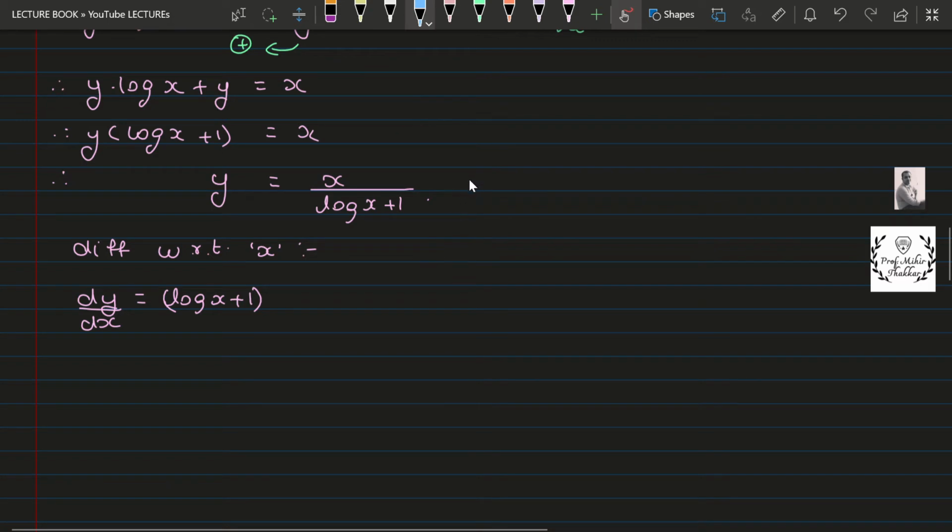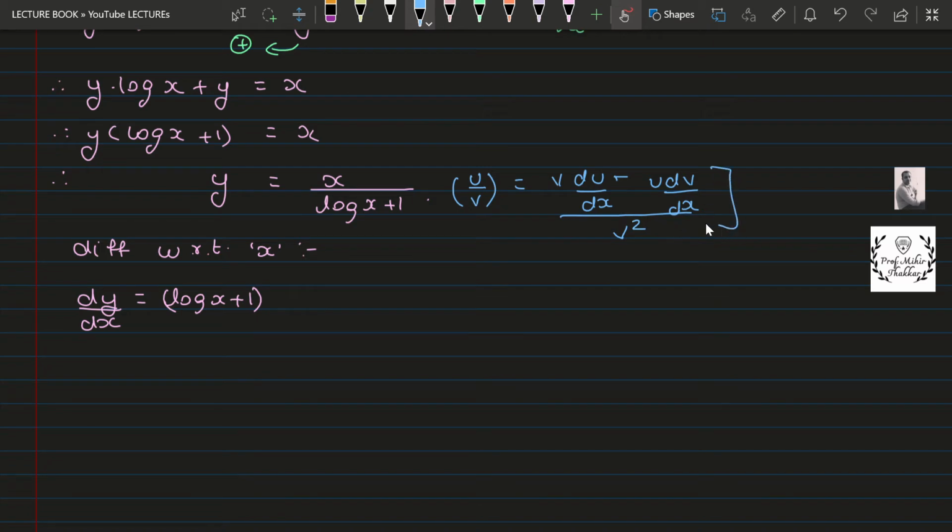We are going to solve it by using the u upon v rule, which is v derivative of u minus u derivative of v divided by v square.